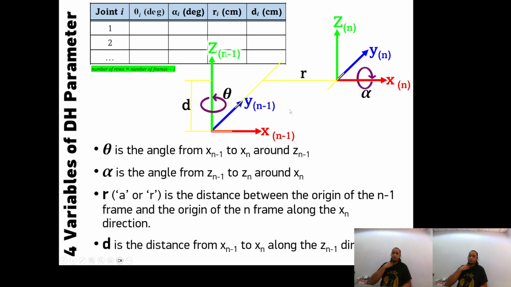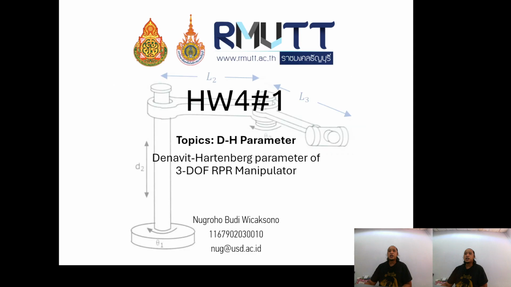The first one, for example, like this one. This is the revolute joint. If I assume that the axis of the motor is going to be that way, then I have to define the axis of the motor as the z-axis.